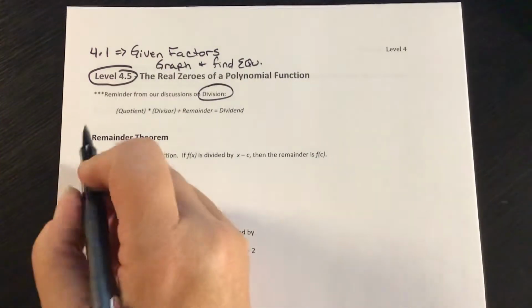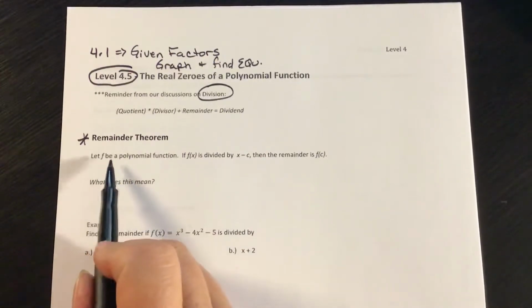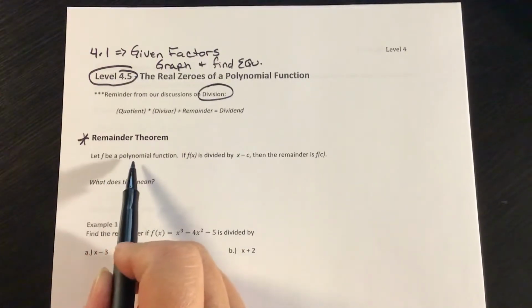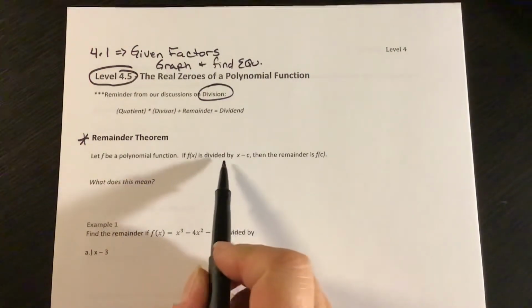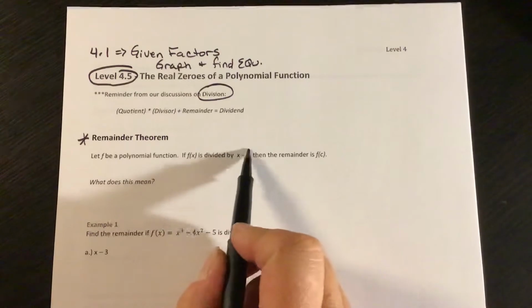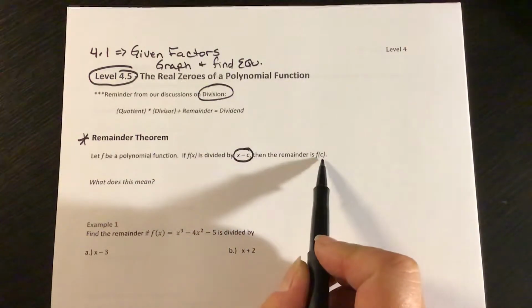So first we have the remainder theorem. And it says let f be a polynomial function, and f of x is divided by x minus c. Then the remainder is f of c.